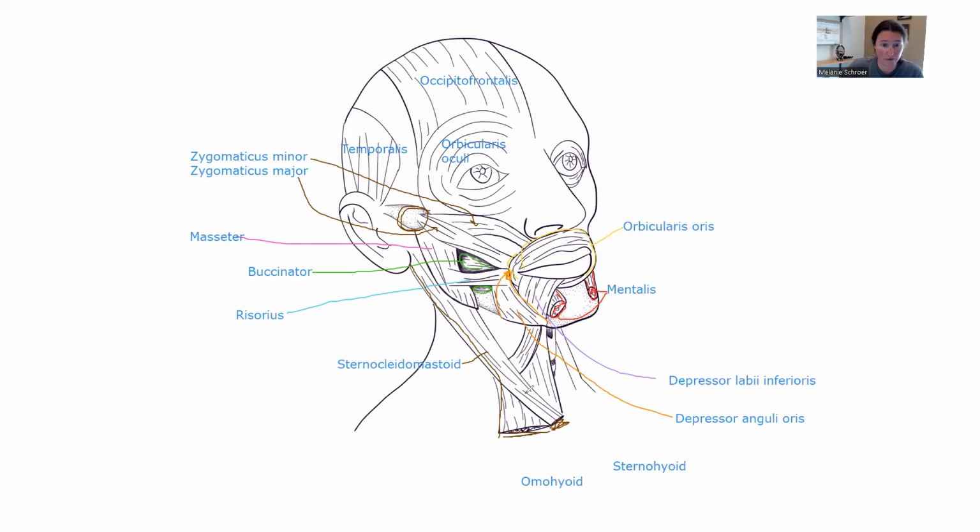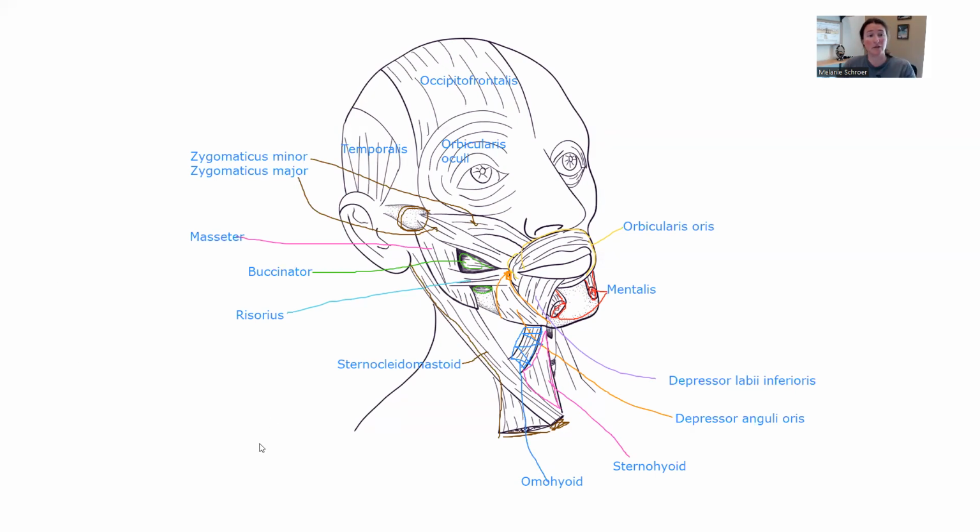So we have the omohyoid, which is here. This is the omohyoid, whereas the sternohyoid, again, looks a little bit different on this model than it did on the others. We can see it just barely peeking out there. Okay, so I believe those are all of the muscles that we need on this model.